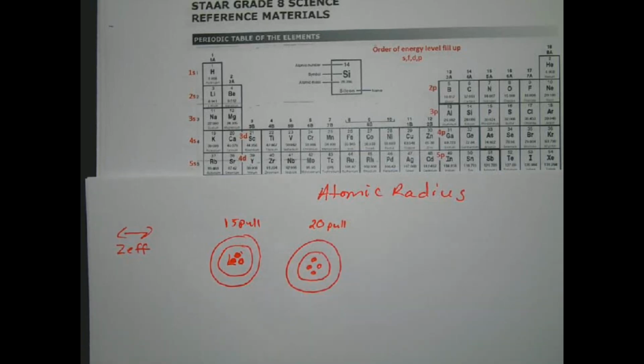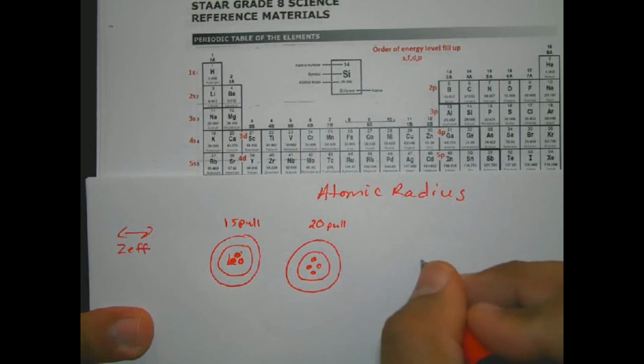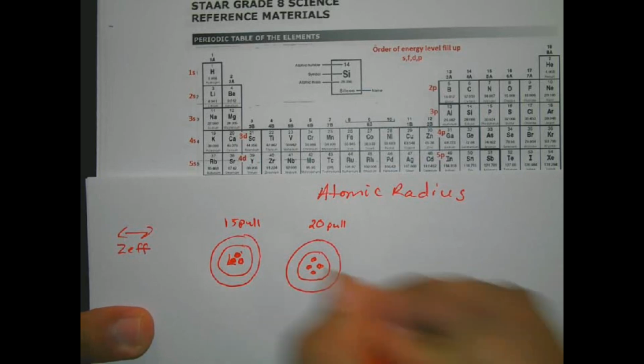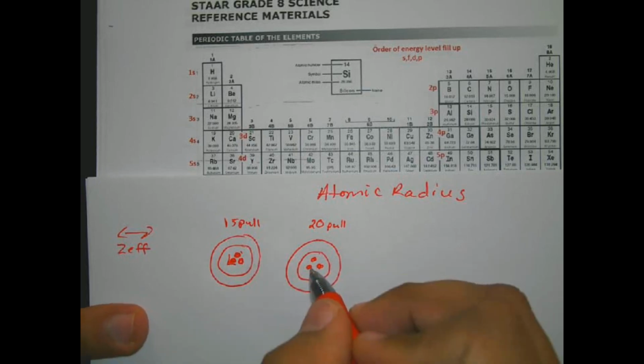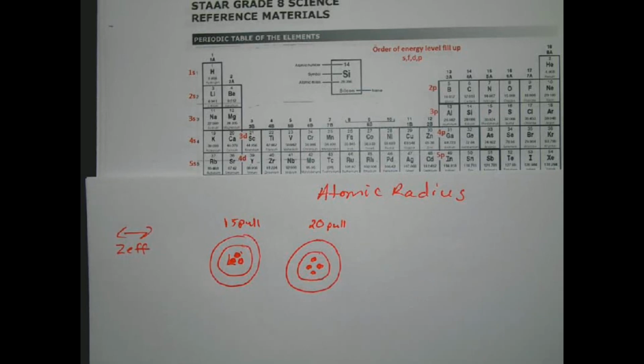Now, think about this. Let's say you have a pull force, and I'm pulling you, and you're sitting there in one place. Let's see if I can draw this. He has to pull the electrons that are sitting out here. Well, keeping everything the same, if I increase my strength, shouldn't I be able to pull you in closer?